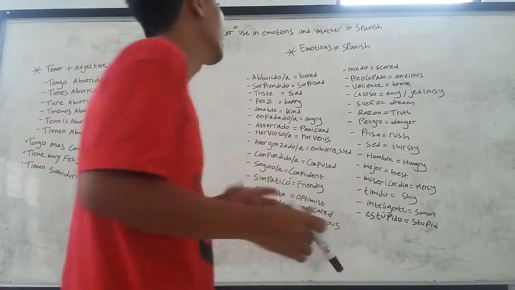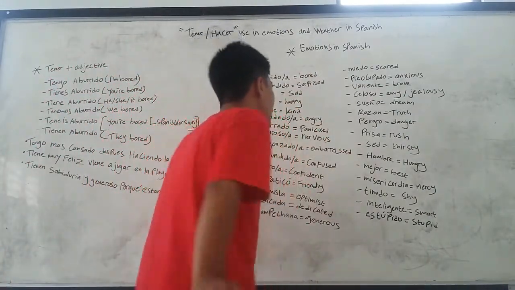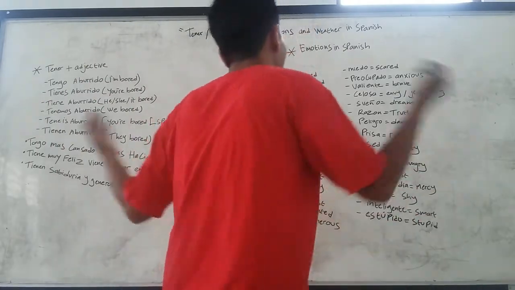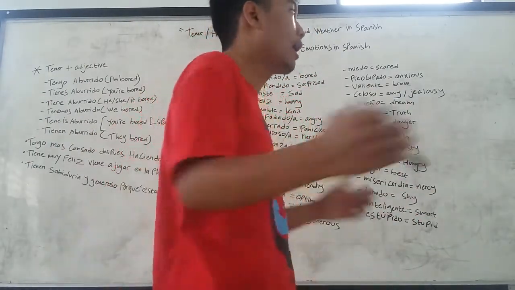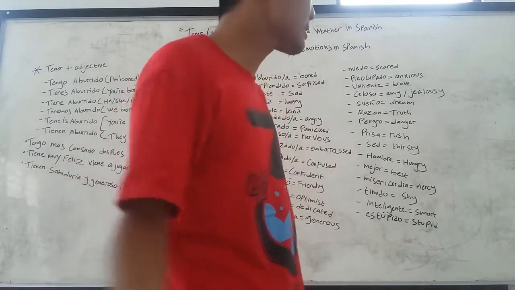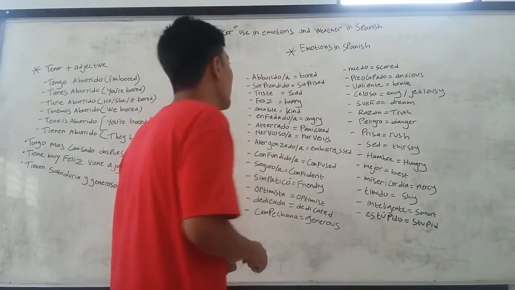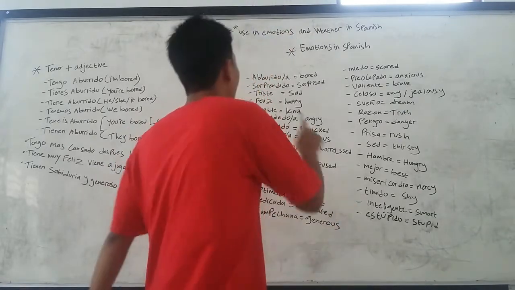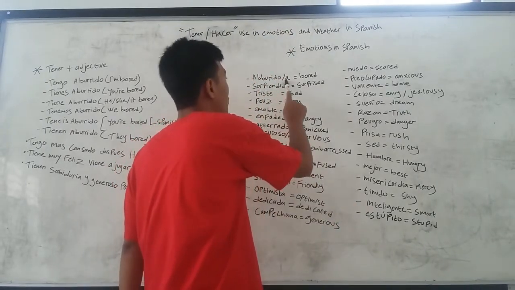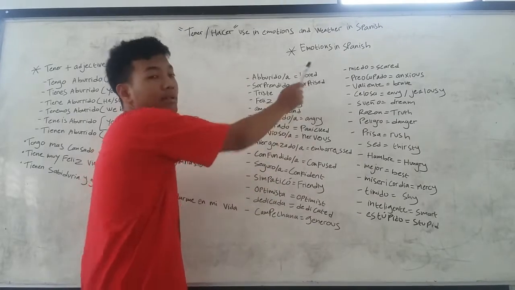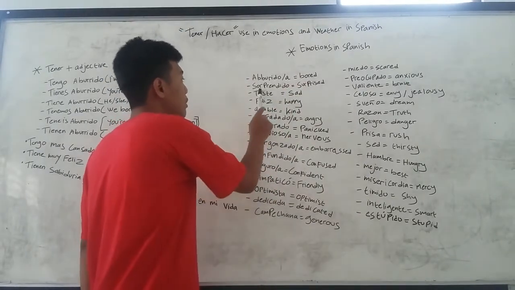Next, I have emotions in Spanish. How to indicate the adjective, the emotion, the feelings. How does it work if you want to say that in Spanish? So we have aburrida, means bored.